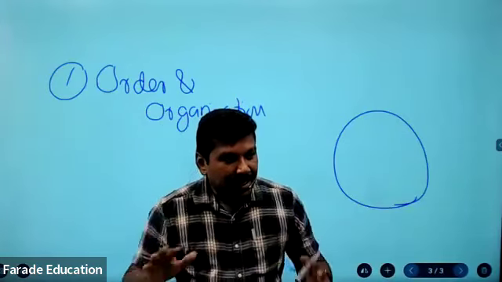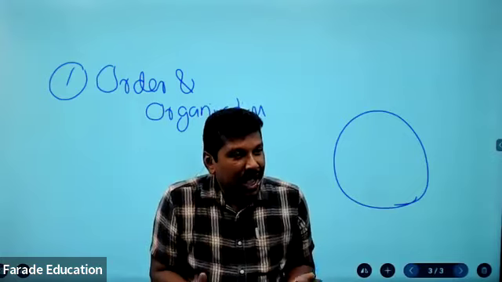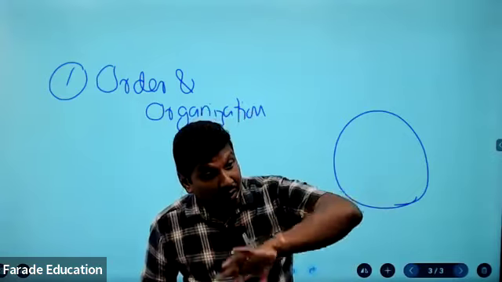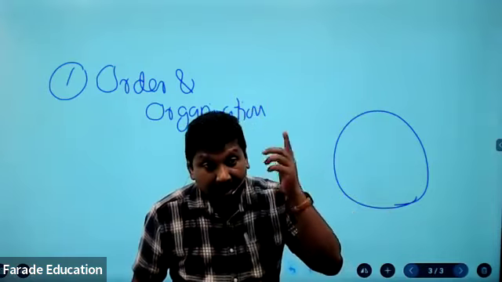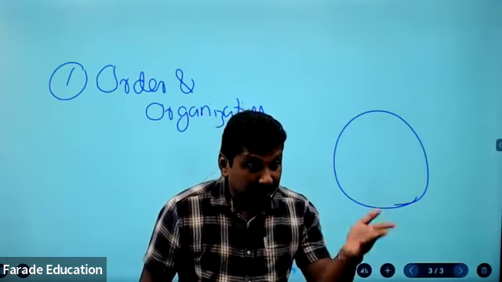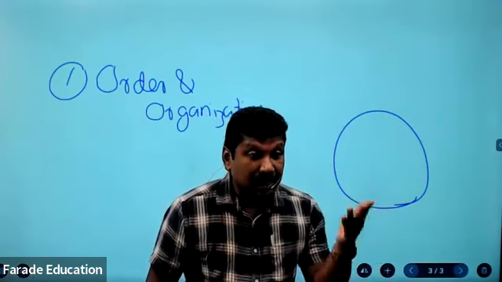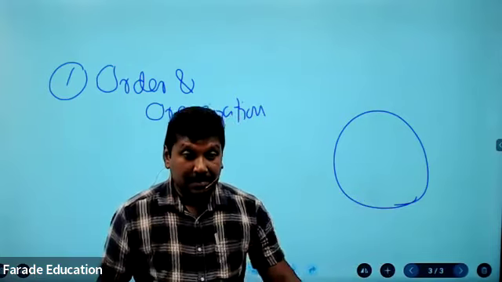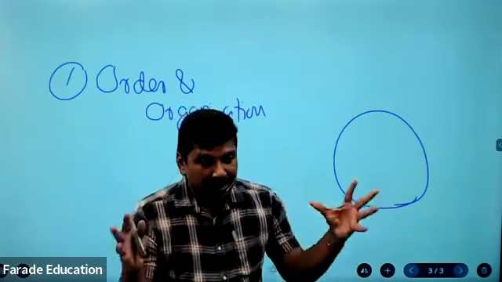Then you have organ systems: central nervous system, immune system, cardiovascular system, respiratory system, excretory system, gastrointestinal system, endocrine system, skeletal system, and so on. So you have different systems.